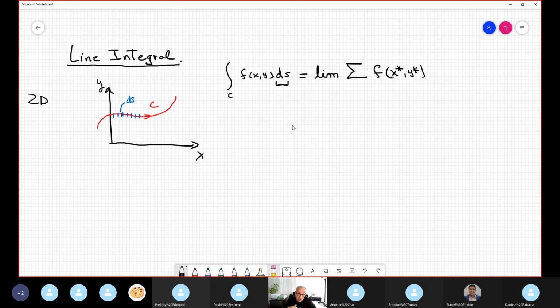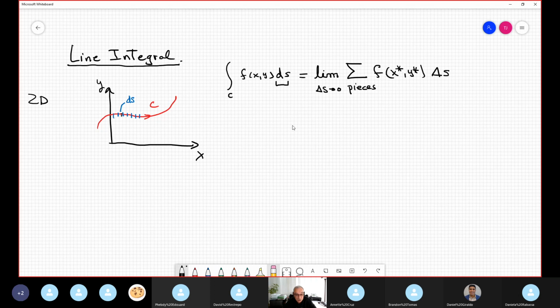Actually, it's not a segment, it's a curve. Multiplication by ds. And you add different pieces. Let me indicate like that, pieces. This is different pieces, 1, 2, 3, 4, 5 pieces, and you consider that ds approaches 0. Okay, this is the idea.